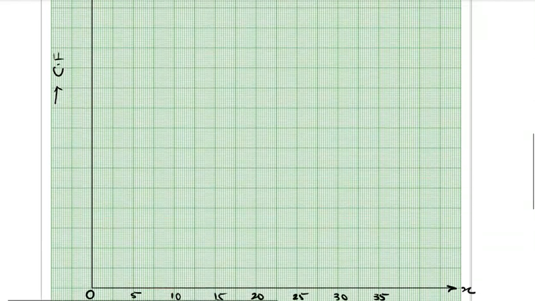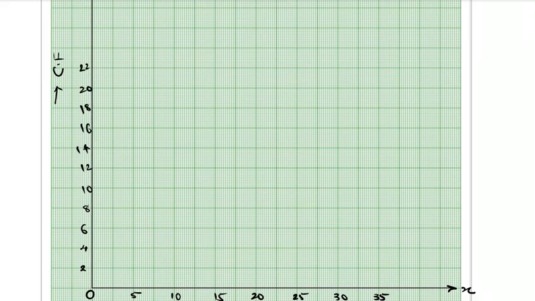Now comes the y-axis. So it's going to be huge. 1 centimeter is 2: 2, 4, 6, 8, 10, 12, 14, 16, 18, 20, 22. Am I going right?